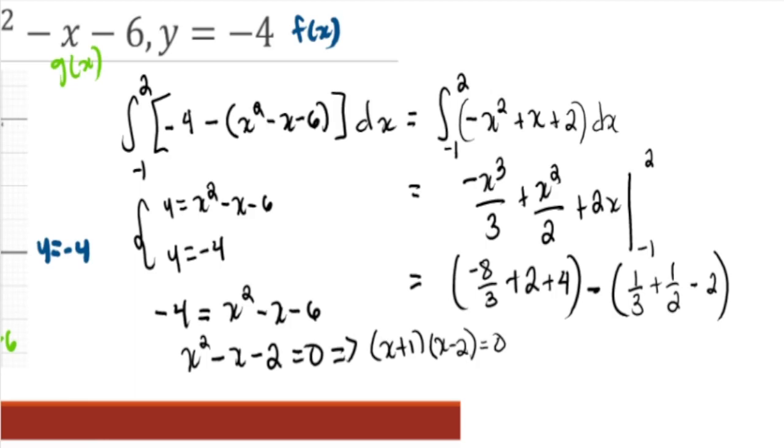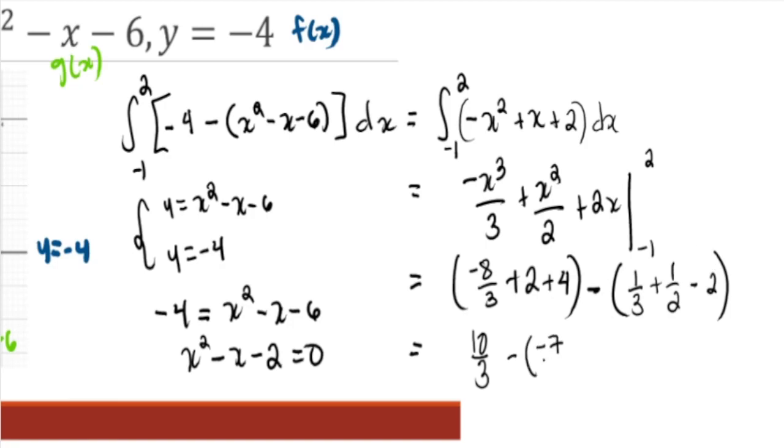Last step is to solve and simplify. So yung first grouping natin will give us, so this is 6 minus 8 thirds, that's 10 thirds. And then this part here will give us 5 over 6 minus 2.